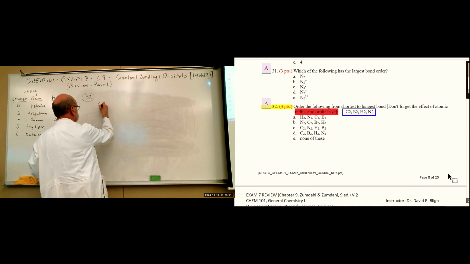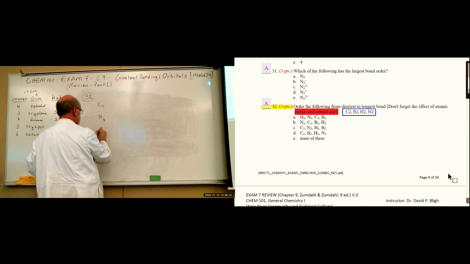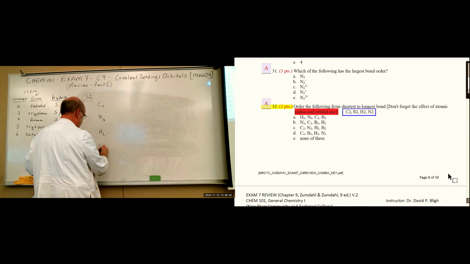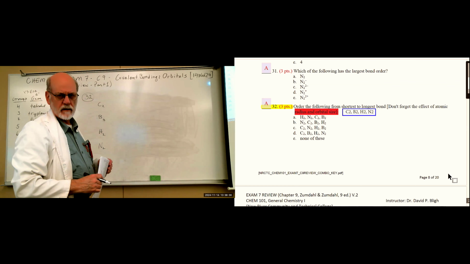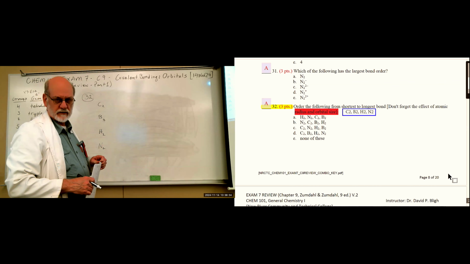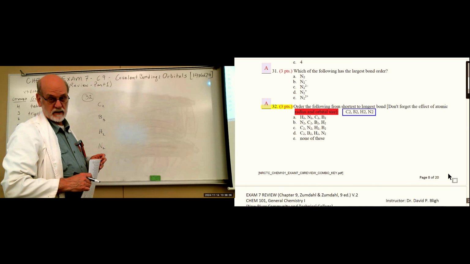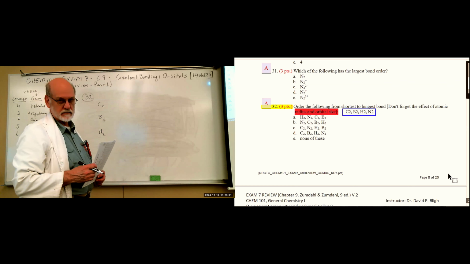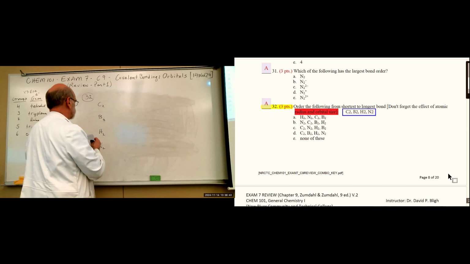C2, B2, H2, and N2, from shortest to longest bond. So the strongest to the weakest bond. And we might want to consider orbital size also. Okay.